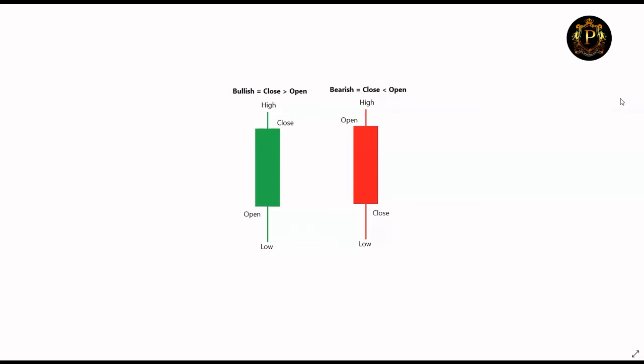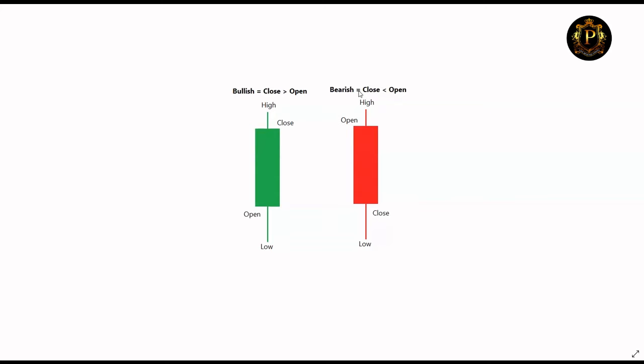So let's have a look at this diagram here. Here we have two candlesticks, one representing a bullish sentiment and one representing a bearish sentiment. I would assume you understand precisely what I'm talking about when I say bullish or bearish.